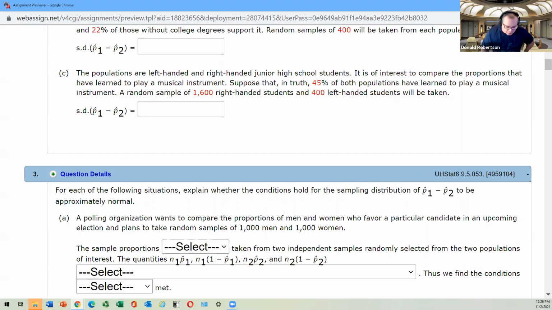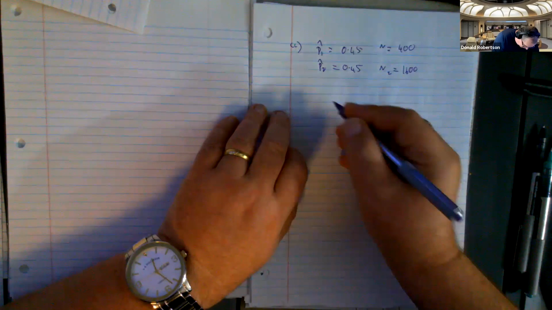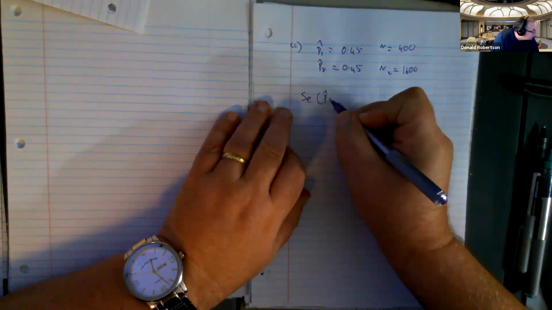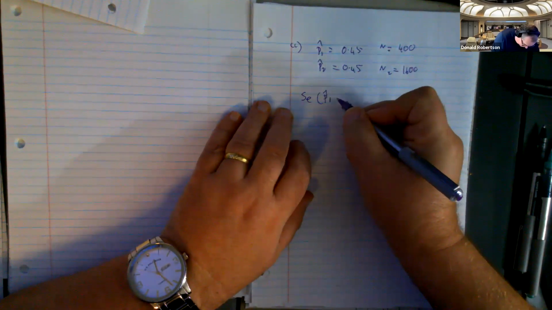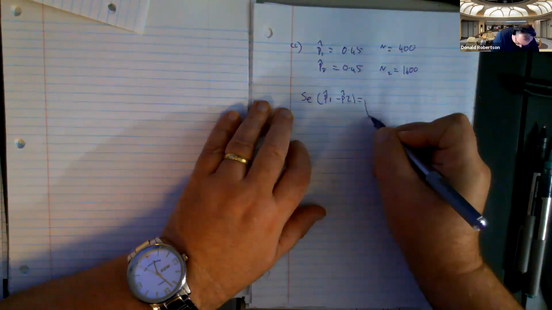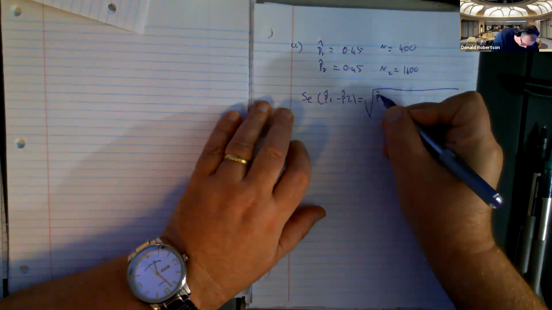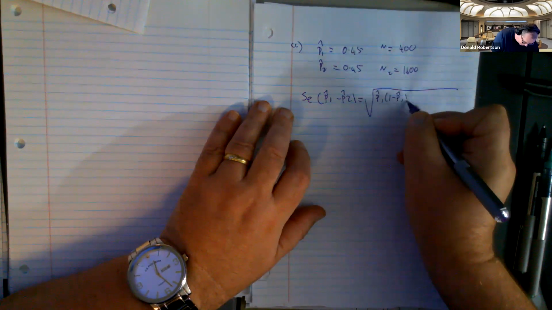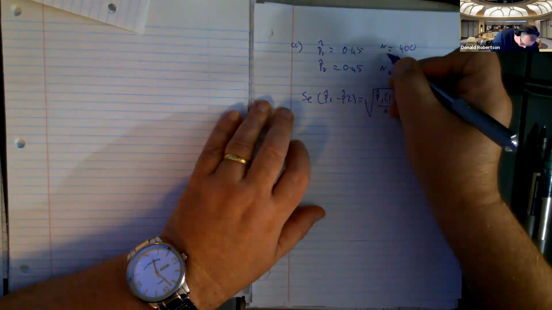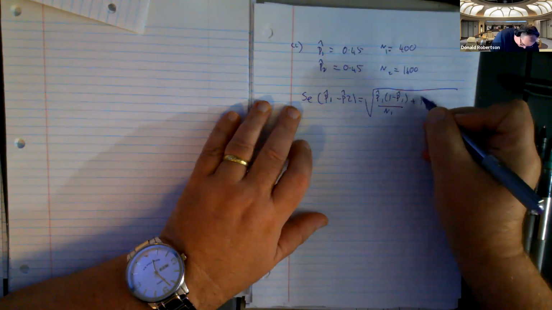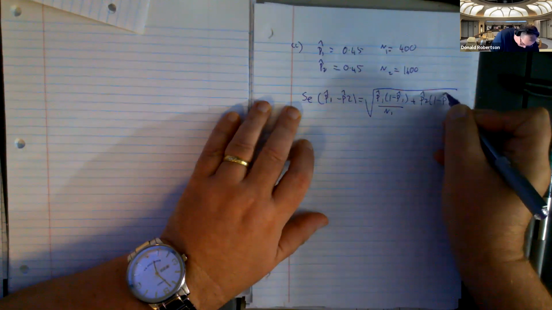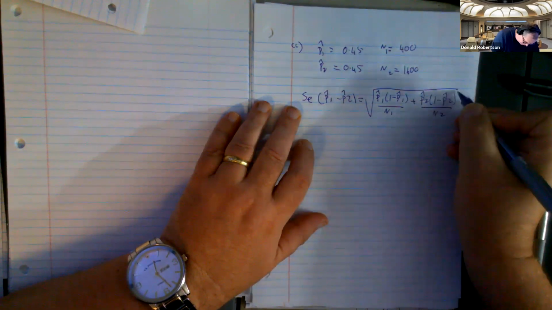Okay. And we are going to get the standard error. Now I've got all the numbers I think I need. And we'll see what we have. So the standard error for the difference is going to be the square root of P1 hat, 1 minus P1 hat over N1, added to P2 hat, 1 minus P2 hat over N2.